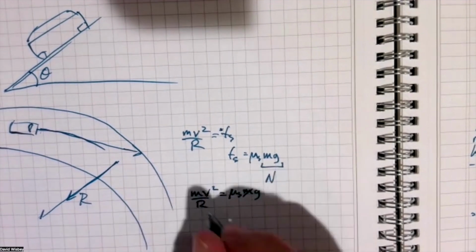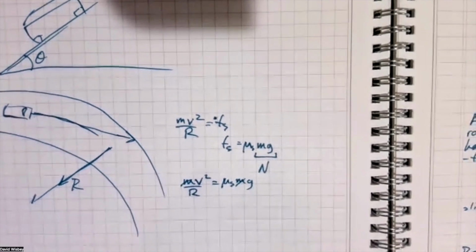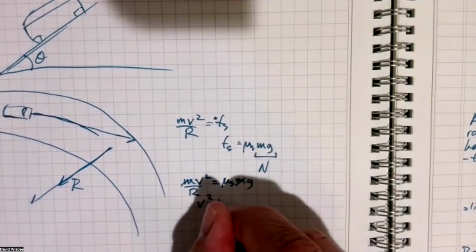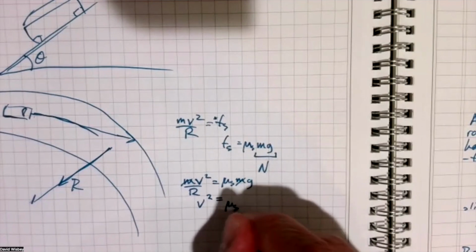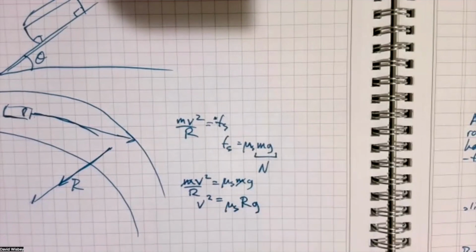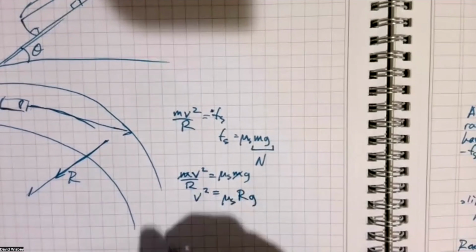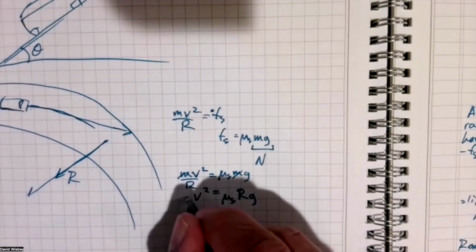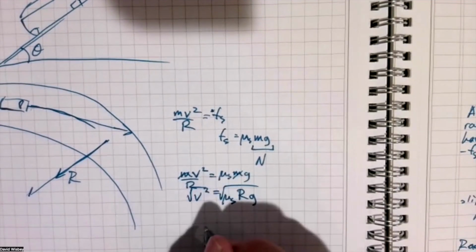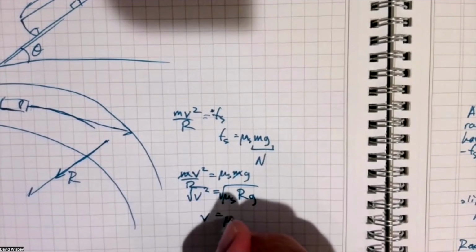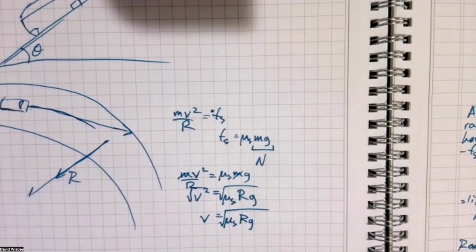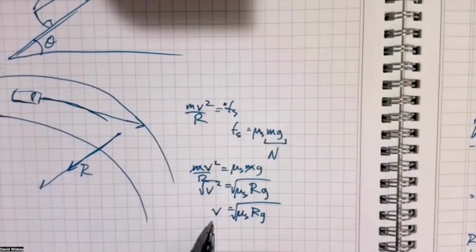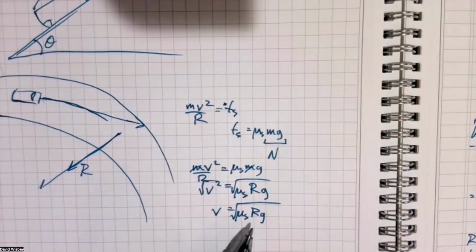Our m's are going to cancel out, and then v squared will equal mu_s times r times g. If we take the square root on both sides, then we get v equals the square root of mu_s times r times g. If we exceed this speed, you will slip off the road.